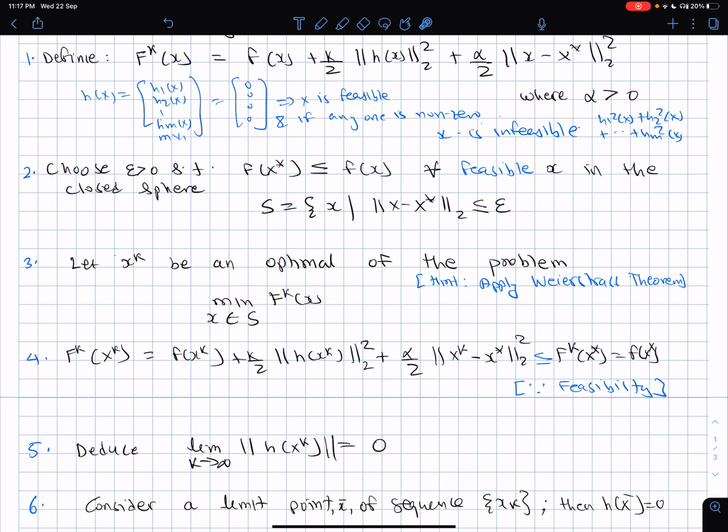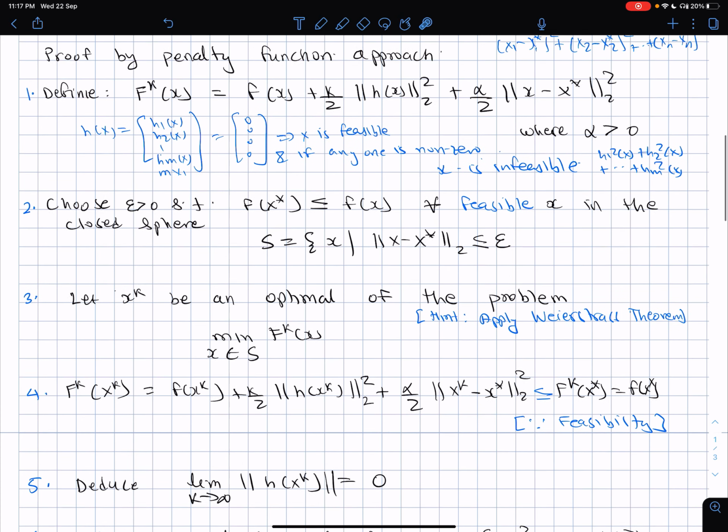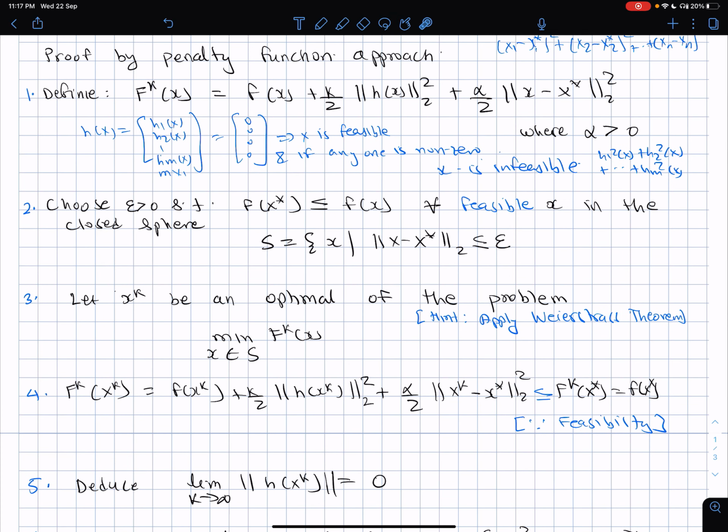Now let's look at what we mean by x star being a local minimum. It means that we can choose an epsilon greater than 0 such that f of x star is the best value among all f of x where x is a feasible point in the closed sphere.